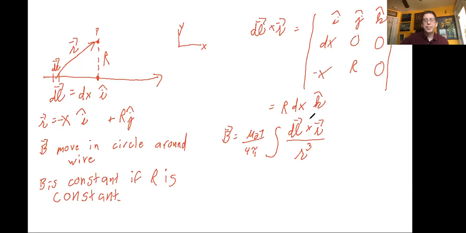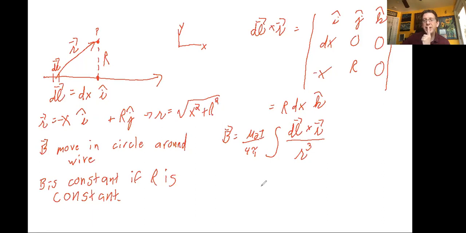Now, script r is just the magnitude of the r vector, and so it's the Pythagorean rule. You square the individual components and you add them together. So script r is equal to the square root of x squared plus capital R squared.